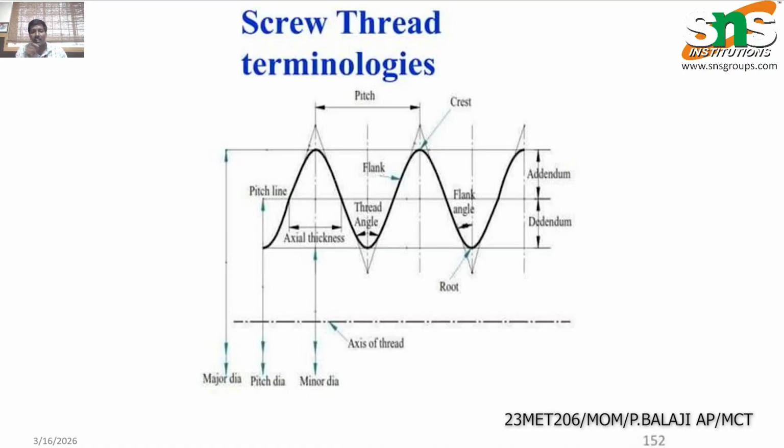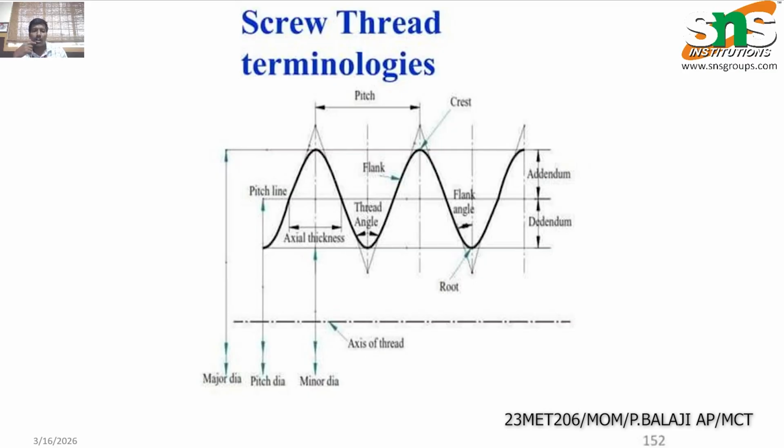The center line is called the pitch line. For example, if the addendum distance is 5 mm, the pitch line is at 2.5 mm; if the total addendum distance is 4 mm, the pitch line is at 2 mm.